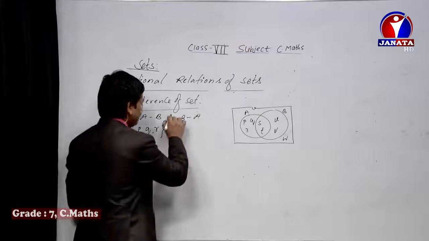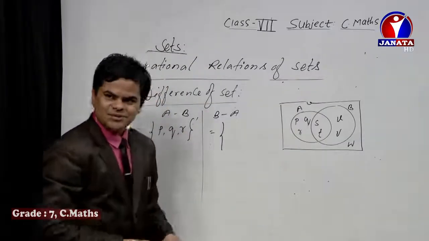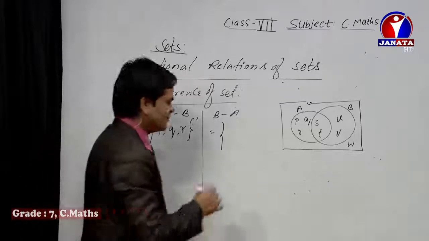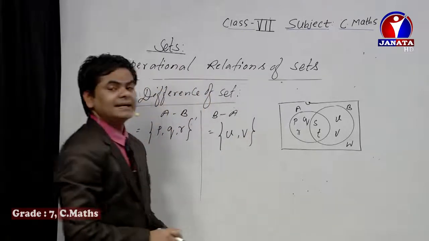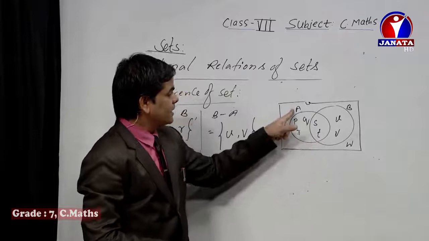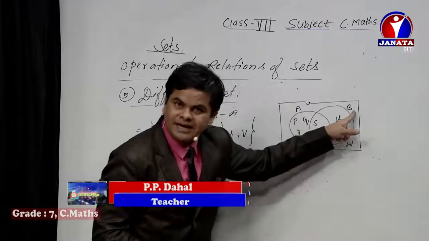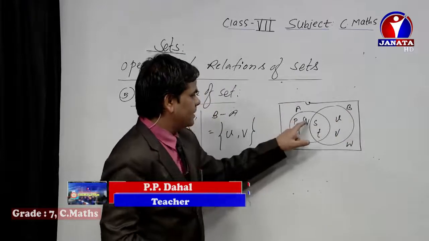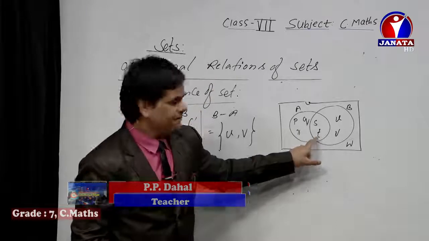Now similarly, if you have to take out the B difference A, curly bracket, you have understood now, dear students, isn't it? So of course U and V, these are the only elements of B. Suppose these are people, and these are the people who like apple, and these are the people who like banana. P, Q, R, S, T, they like apple.